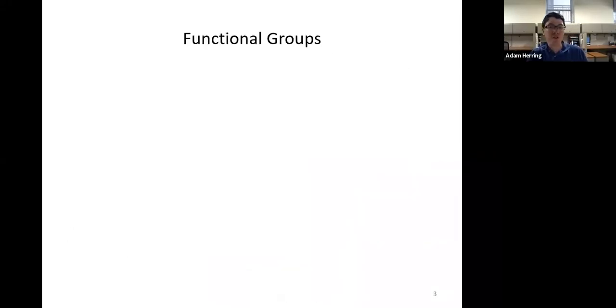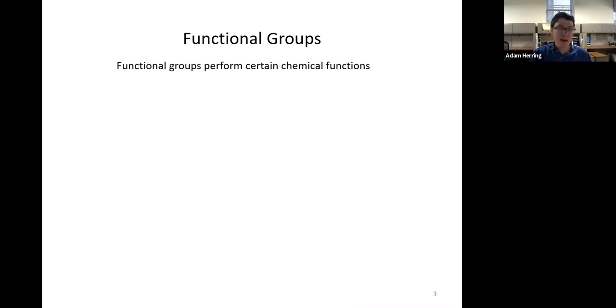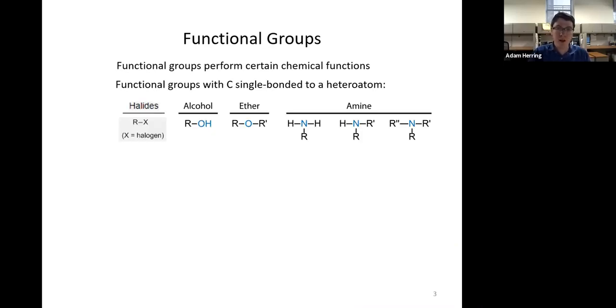So what are the different functional groups? Again, these are groups that perform certain functions, hence their name. And we can have cases where there is a group connected to carbon through a single bond. And this is a term that you need to be familiar with: heteroatom.